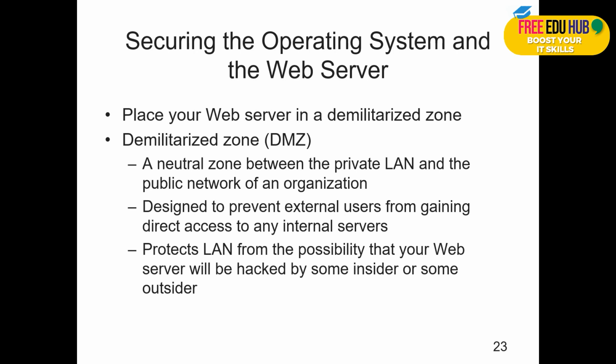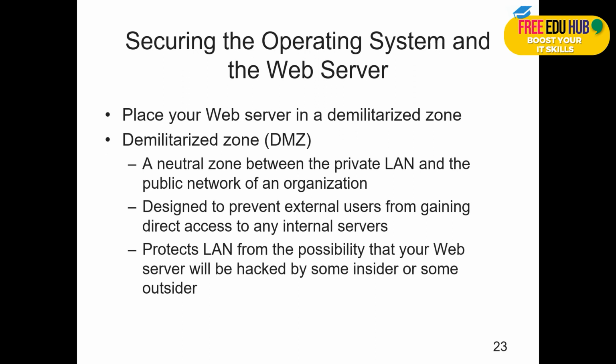It is designed to prevent external users from gaining direct access to the internal servers. Your internal servers are meant to be accessible from within the network only. External servers are the ones which should be very secure, because they will be the edge servers which the public from outside would be accessing in order to gain some information.